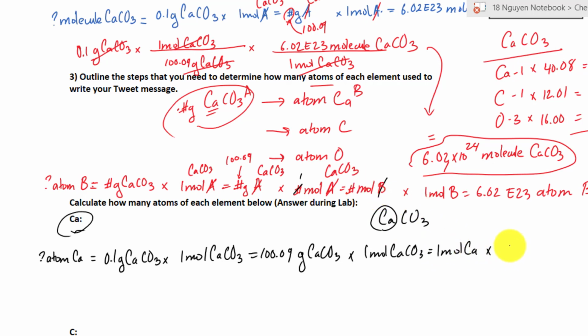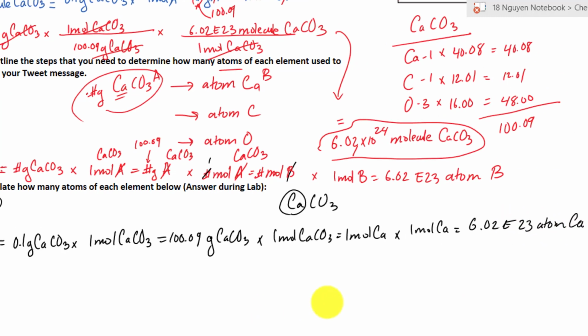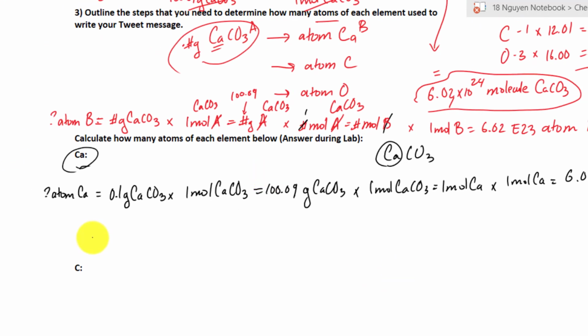Times our next conversion factor, which is 1 mole of B, that's calcium, equal to 6.02 times 10^23 atoms of B. What is B again? Calcium. Now we just rewrite this as a fraction so that we can simplify our conversion factor.